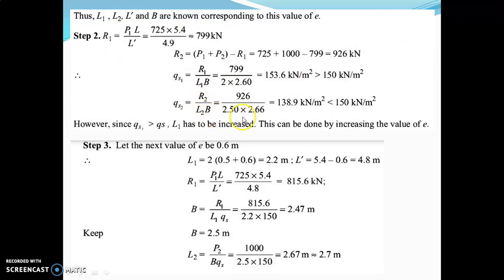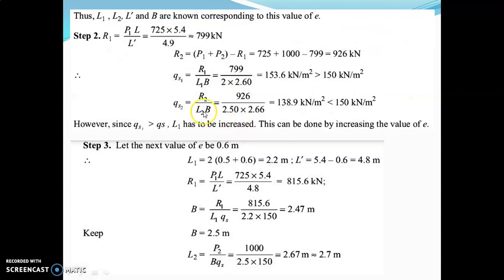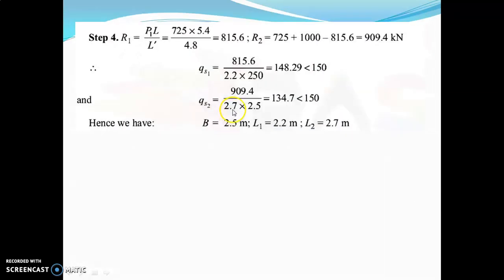R2 divided by L2 into B. R2 is 909.4 divided by, this is L2 into B. L2 is 2.7 into B. B is 2.5. So what you get? 134.7, which is less than 150. Now both the values are less than the given pressure. This is 148.29, this is 134.7.